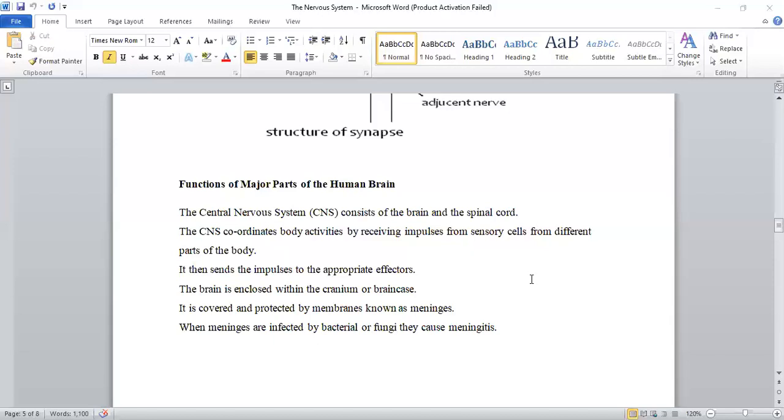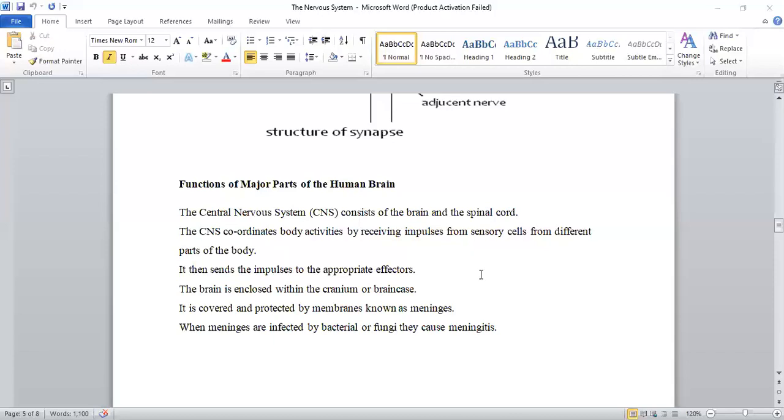These are the common effector organs. Hoping you can differentiate between the effector organs and the sensory organs. The sensory organs are the ones which sense, and they send impulses to the CNS. Then from the CNS, the impulse is sent to the effector organ, so that now they are able to act.